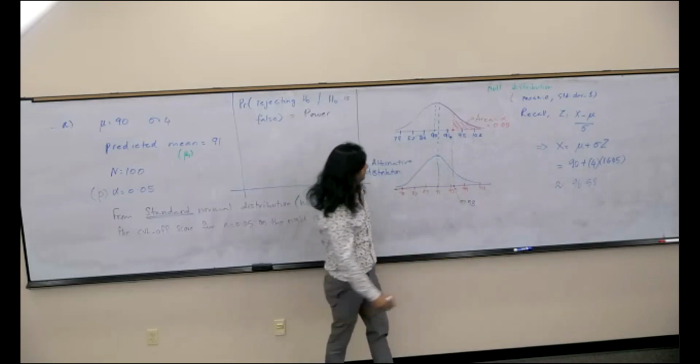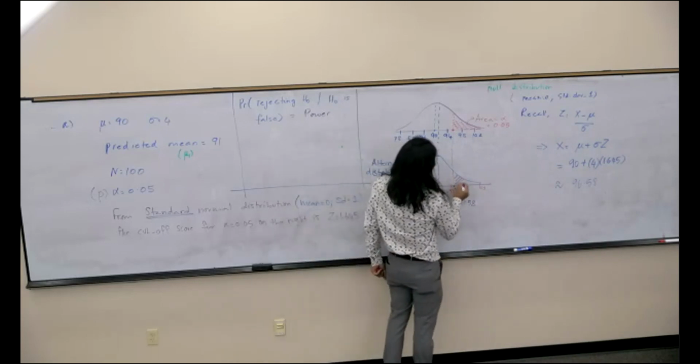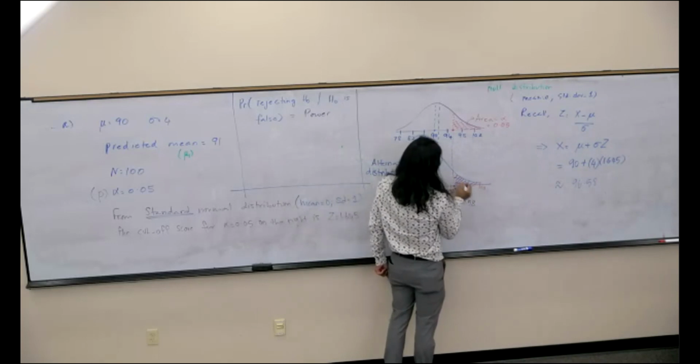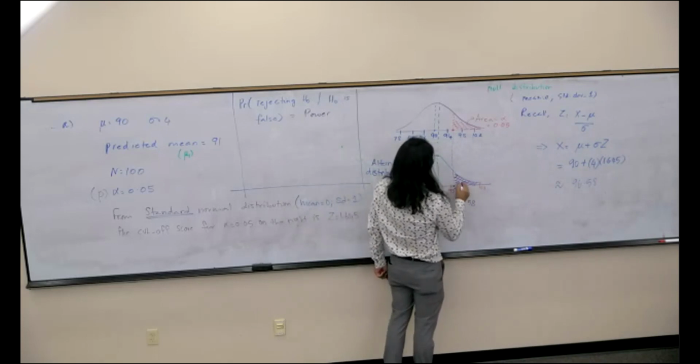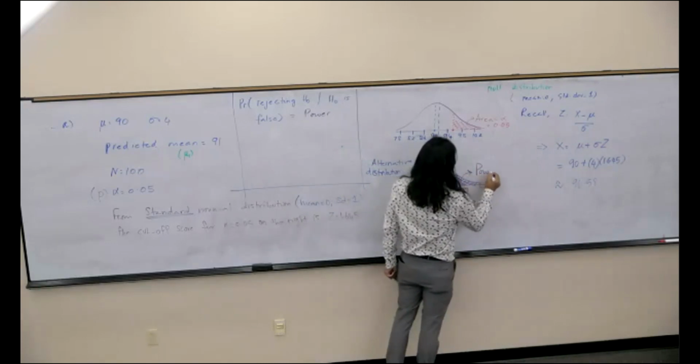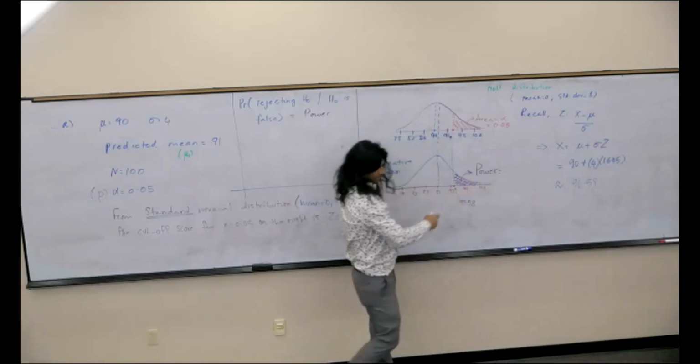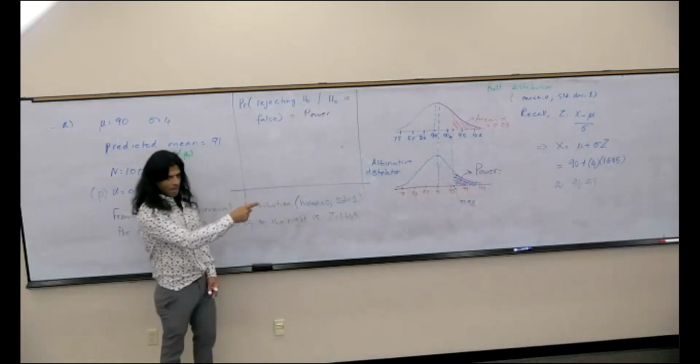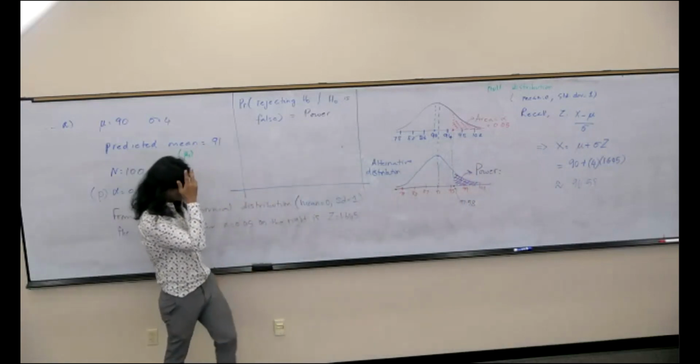Good. Let's shade this. That area is power. Power is a probability.